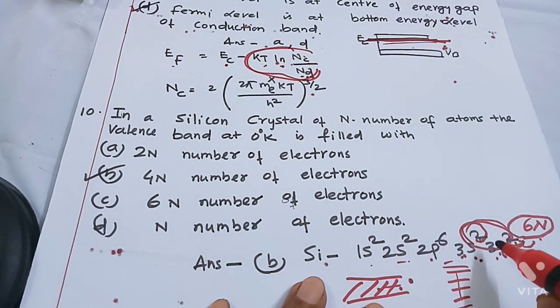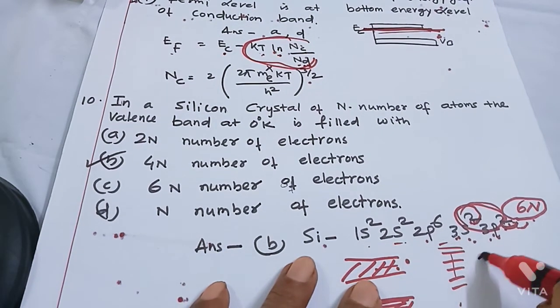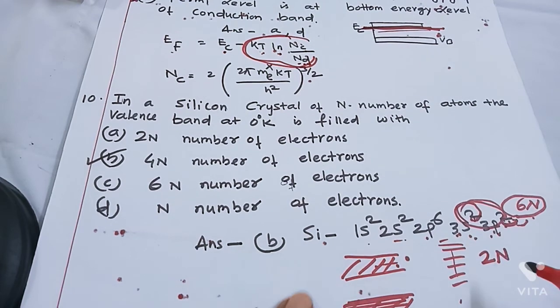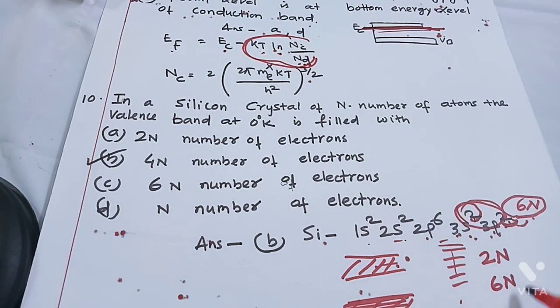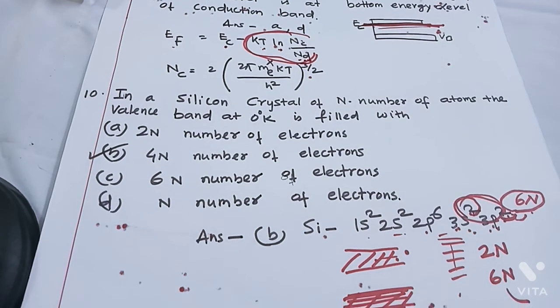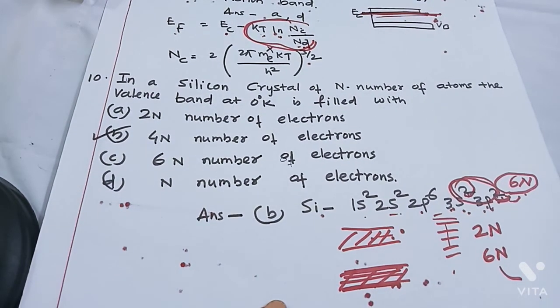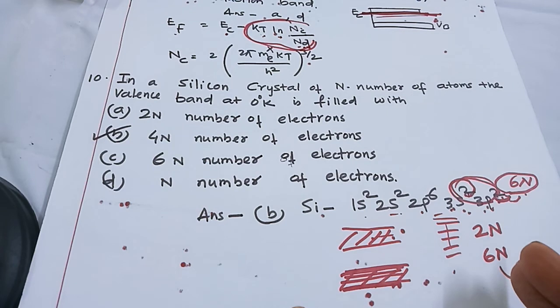In case of n number of silicon atoms, there will be 2n levels of 3s electrons, out of which 2n levels are filled, and there will be 6n quantum states, out of which 2n are filled and 4n are empty.